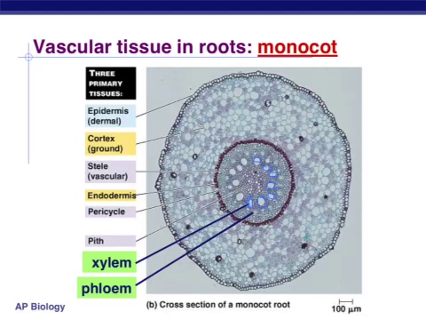And then right behind them there's a smaller arrangement. Right here, and there, and there, and there, and here, and here. Those are your phloem. So we have a ring structure this time in the root for a monocot, and not a ring structure in the root for a dicot. So they look completely different. You just have to remember which is which.